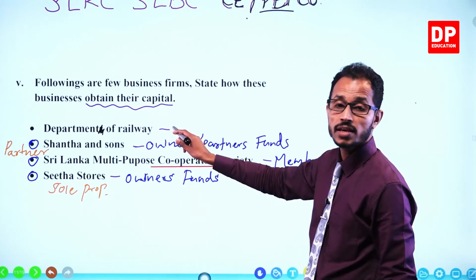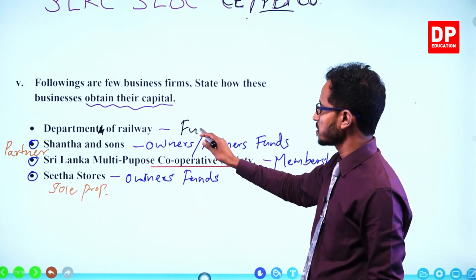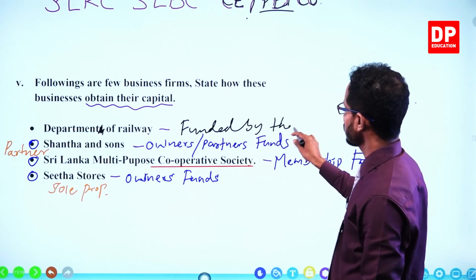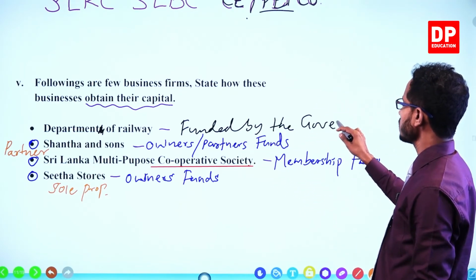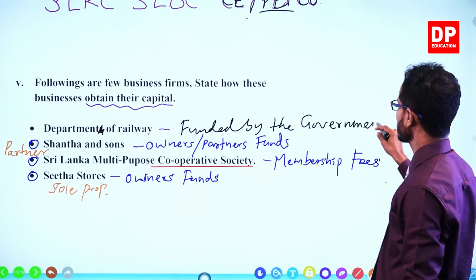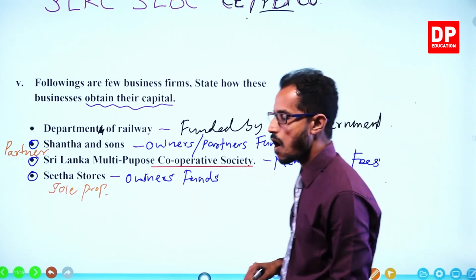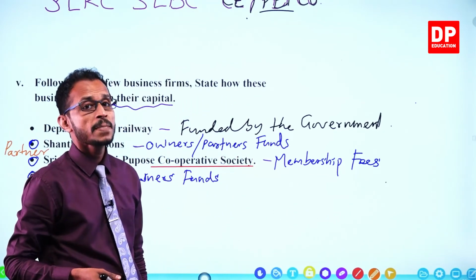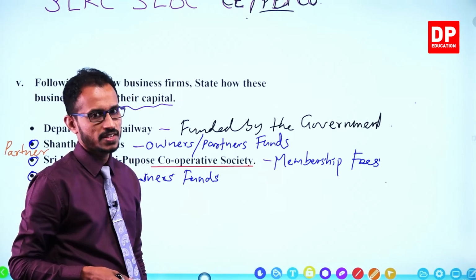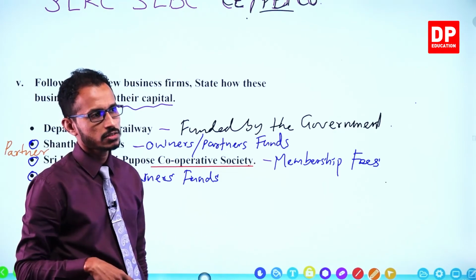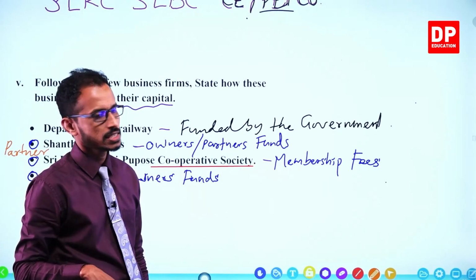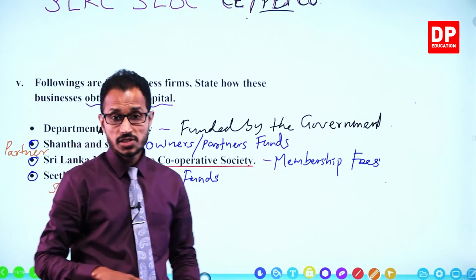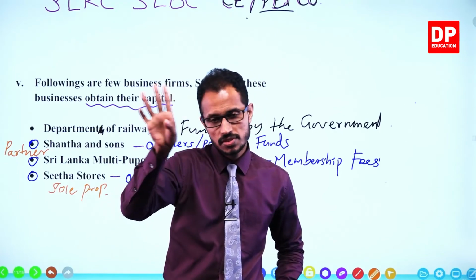Department of Railway is funded by the government, because it's a department. Departments are state. Departments are fully funded by the government. They don't issue shares, or ask private people to invest. Right, children. So third question done.